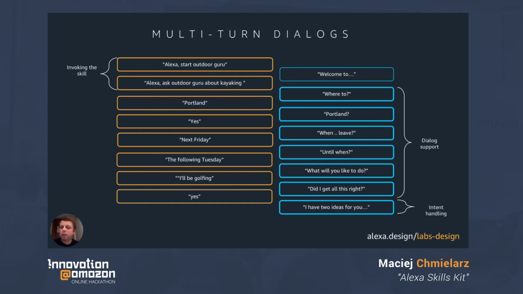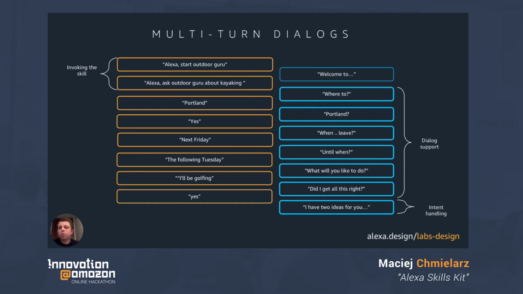So here comes the confirmation of all the items that Alexa collected over this communication, so that Alexa can make sure that she understood everything correctly, and when she passes this information to your skill, that it will create the desired result.